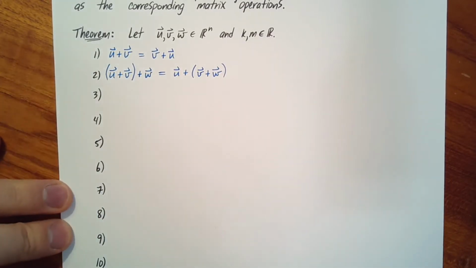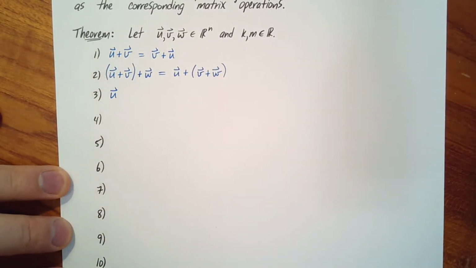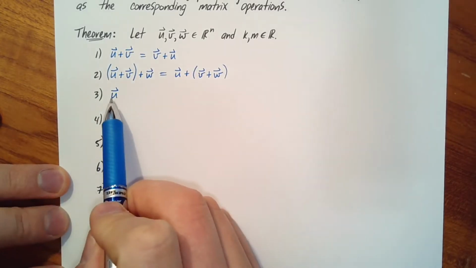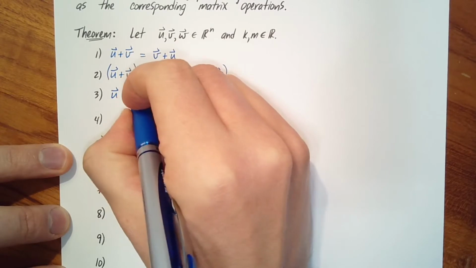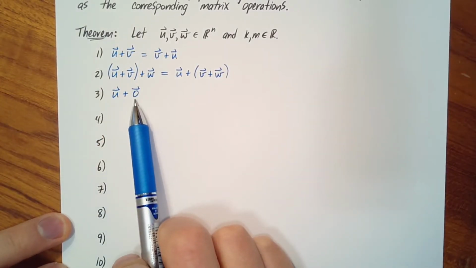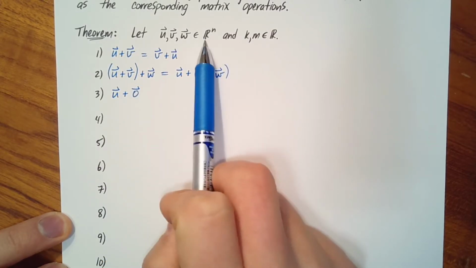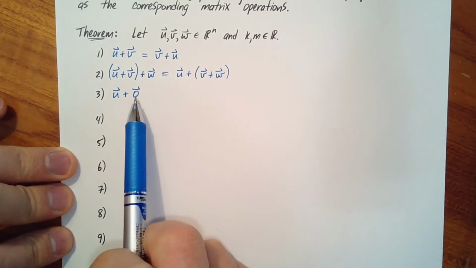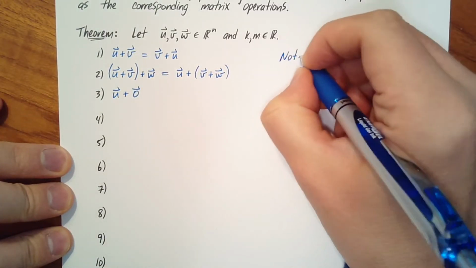Okay, the next property, and this one again will probably be no surprise if you consider the analogous property for real numbers: if I take the vector u and add it to the zero vector. By the way, if we were to treat the zero vector as a coordinate vector in Rn, we'd have to say what its coordinates are, so let's clarify that over here.